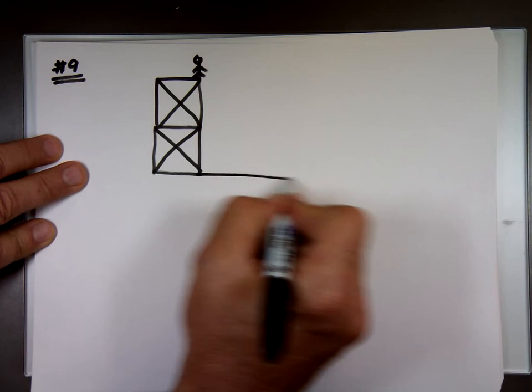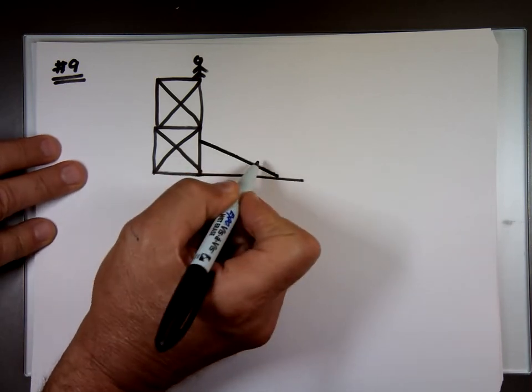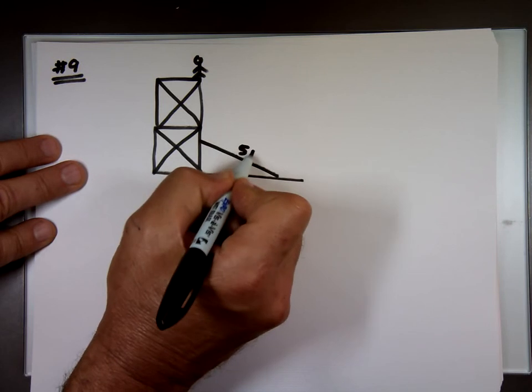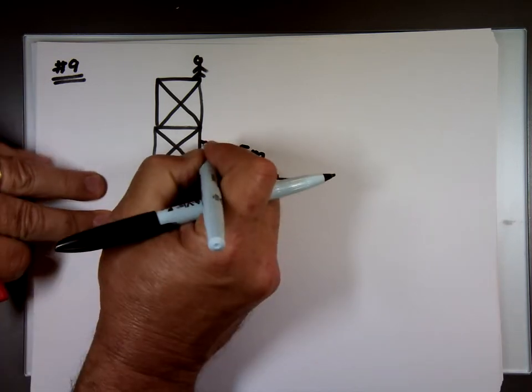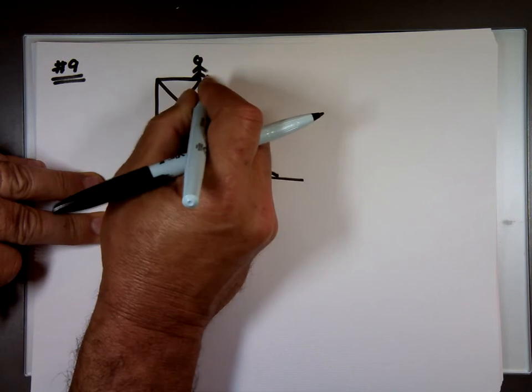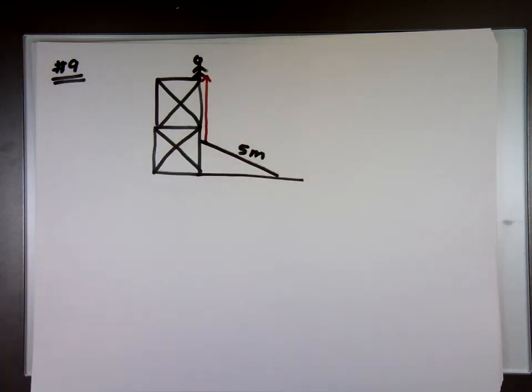So the piece of wood is laying like this right now. It's 5 meters long, and we have a rope attached to it. They tied a rope to it, and they're pulling up on it, moving it up. That's the direction it's moving. They try to raise that piece of wood up there.